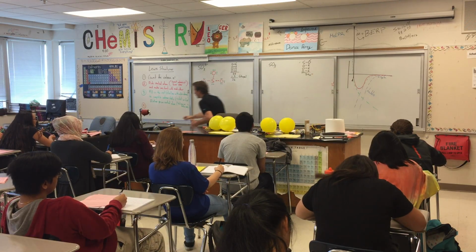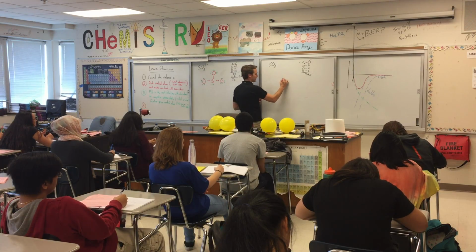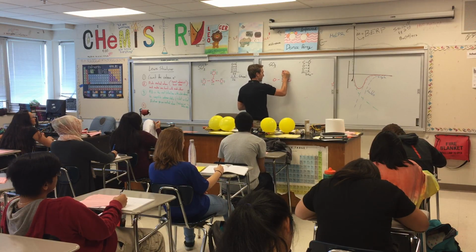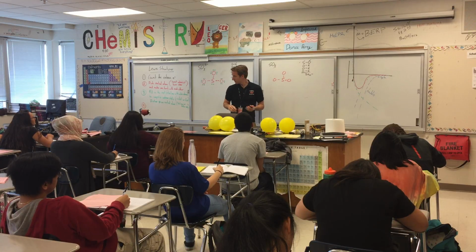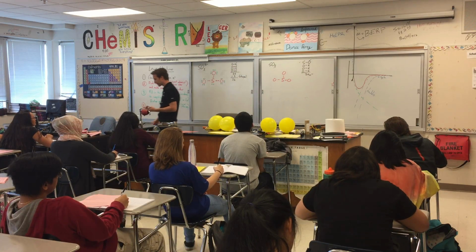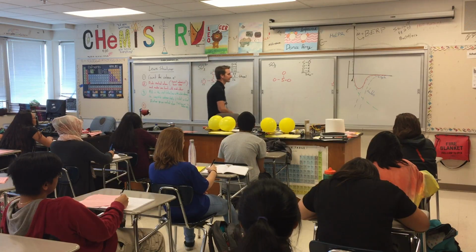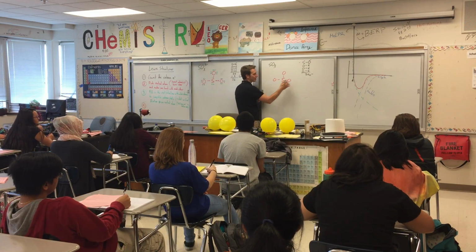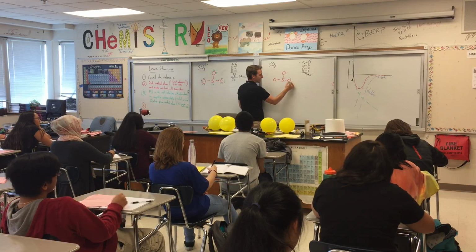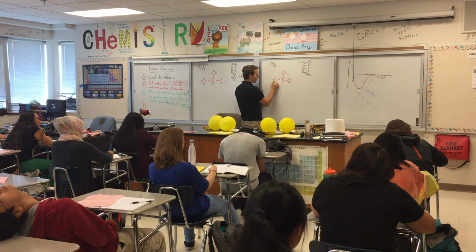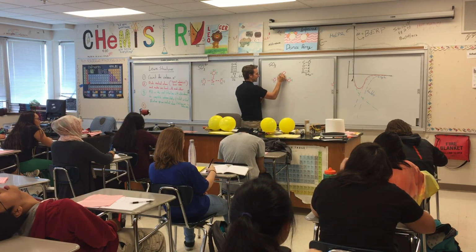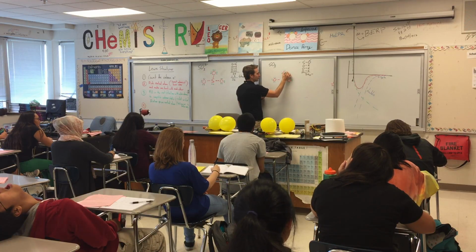It's still going to be sulfur. Make one bond to each. Start filling them in. 2, 4, 6 already shown. Here's 8, 10, 12, 14, 16, 18, 20, 22, 24.